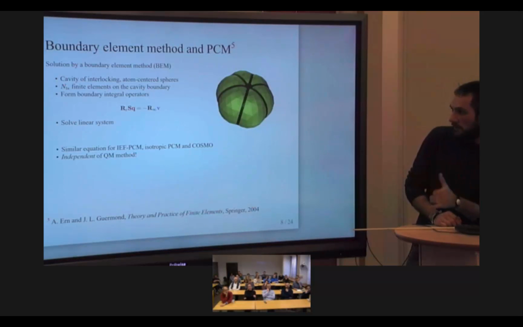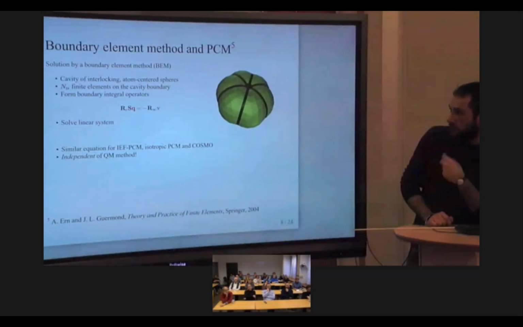And now Q and V correspond to the sigma and phi in the infinite basis integral equation. So basically the apparent surface charges at each point on this finite element and the corresponding molecular electrostatic potential.